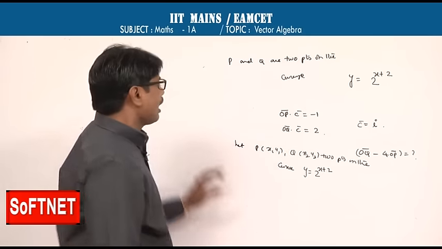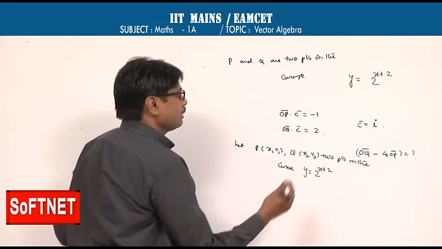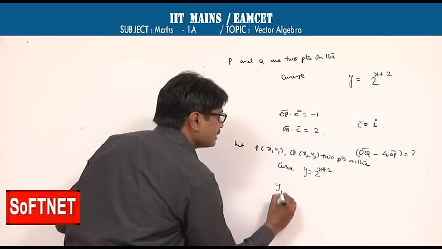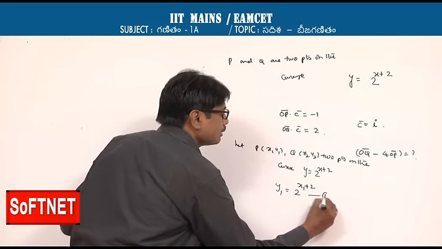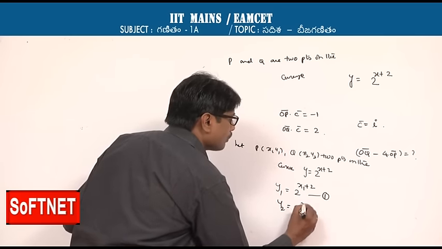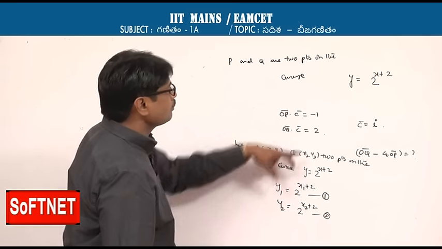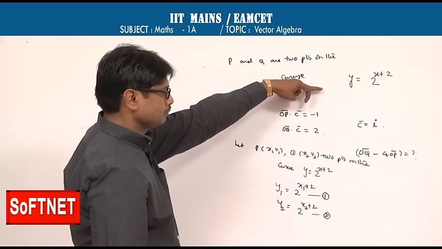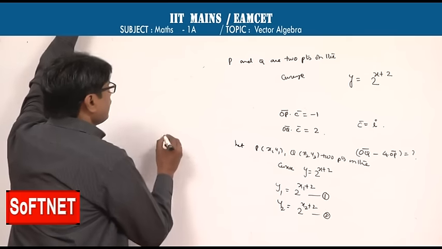On substituting P in the curve equation, because P, Q are 2 points on the curve, we have y1 is equal to 2 to the power of x1 plus 2, one relation. Also y2 is equal to 2 to the power of x2 plus 2, second relation, because P, Q lie on this curve equation.